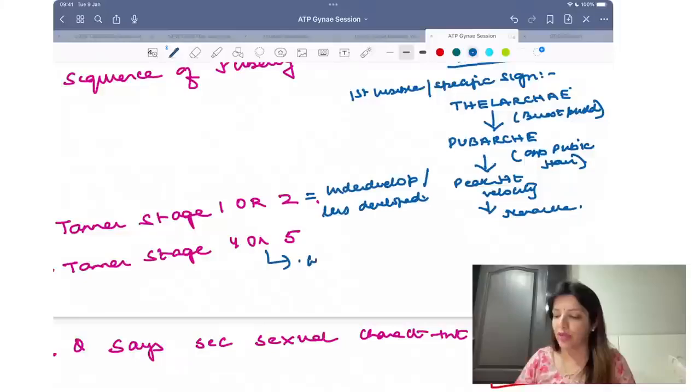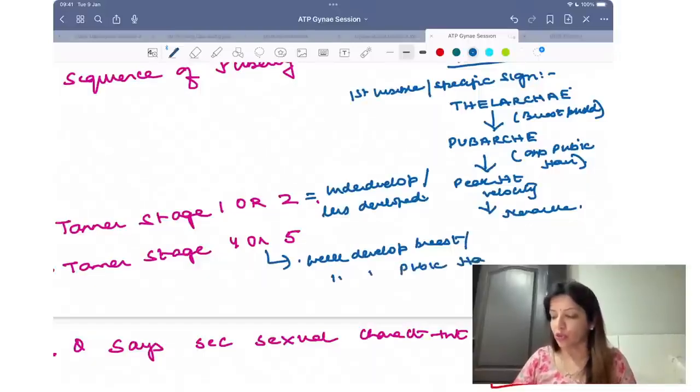That means well developed breast and well developed pubic hair. You don't need to know the full staging, you just have to remember this. Tanner stage 1 or 2 is underdeveloped or less developed breast and pubic hair, and Tanner stage 4 or 5 means well developed.